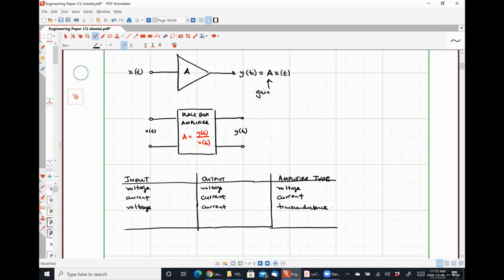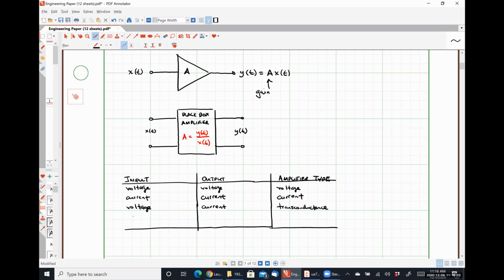Almost all BJT and MOSFET amplifier circuits would be classified as transconductance amplifiers because the voltage that you apply at the gate or base of the device respectively is used to control the output current flowing from the drain to the source for a MOSFET or from the emitter to the collector in a BJT.